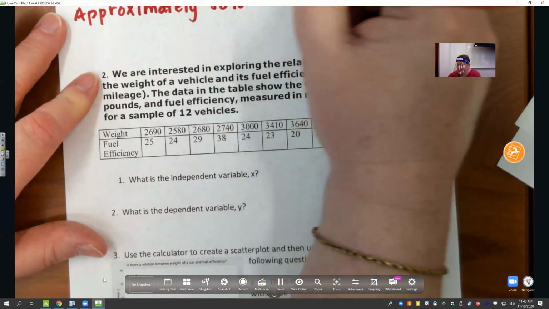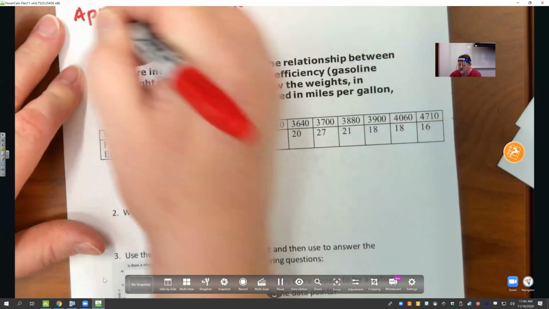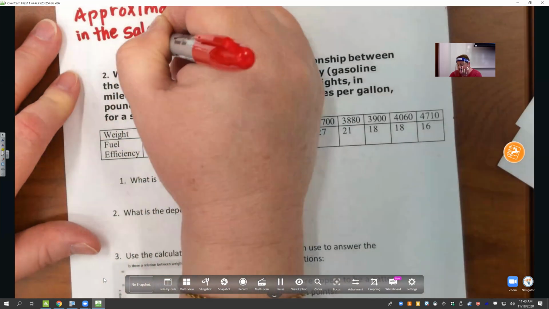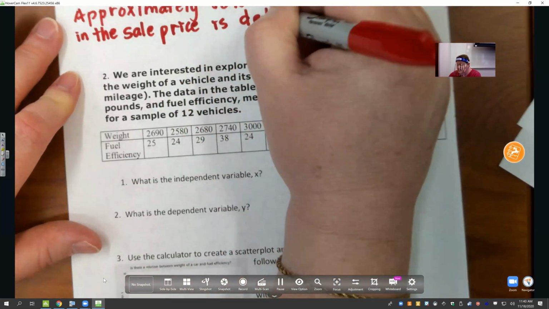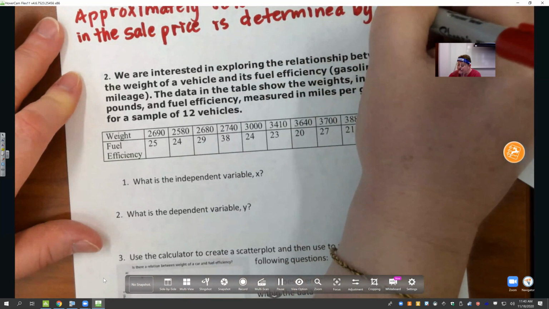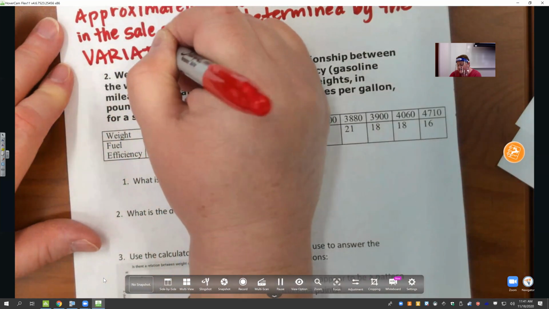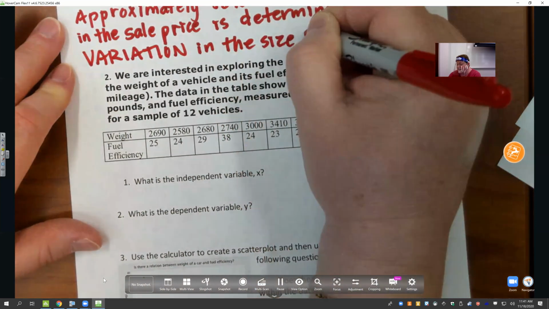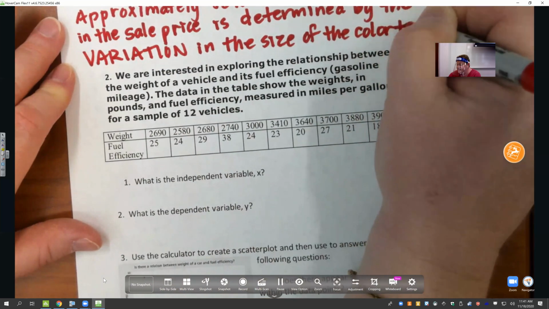of the variation, and I'm writing that in caps because it's important, in the sale price is determined by the variation in the size of the color TV.